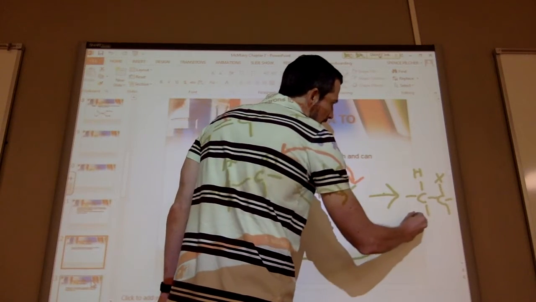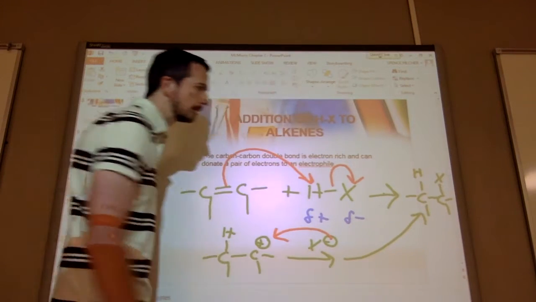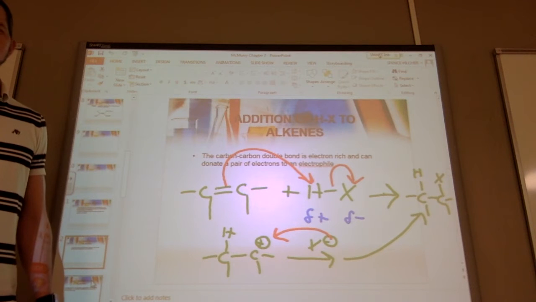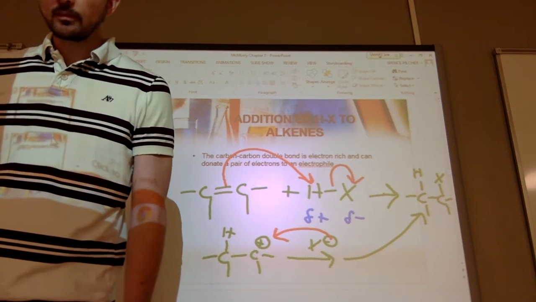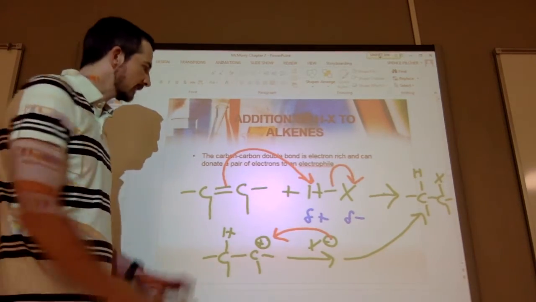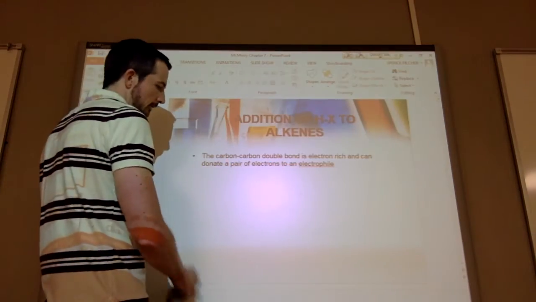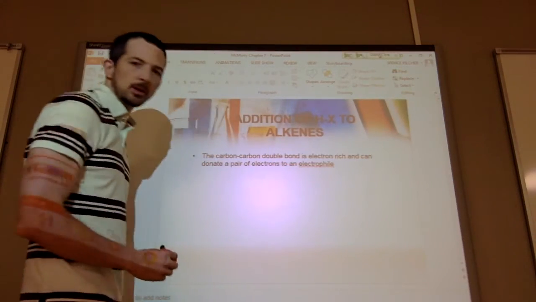And I'll get my product. So let's look at a specific example. So this is like the generalized equation. So how will you see this written out? So this may be how you see it.